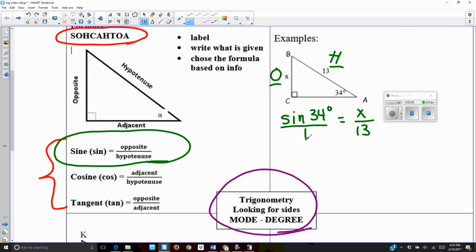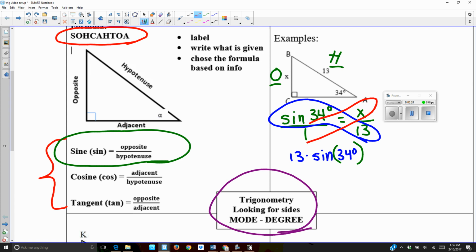And here you have a fraction equal to another fraction, so we can simply cross multiply to solve for x. So one cross product is going to be 13 times the sine of 34. Make sure in your calculator that 34 degrees is in a closed parenthesis. And the other cross product is just 1 times x.